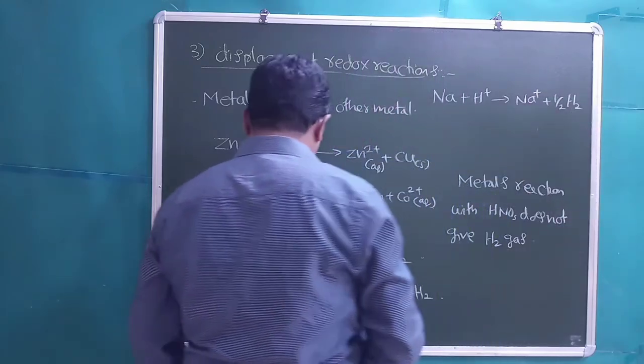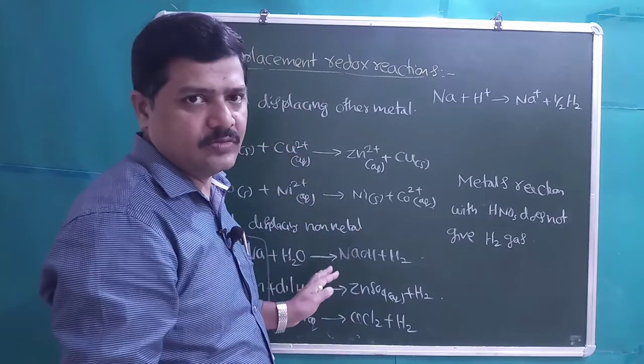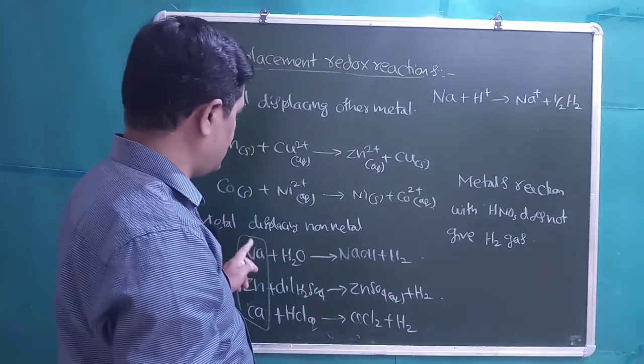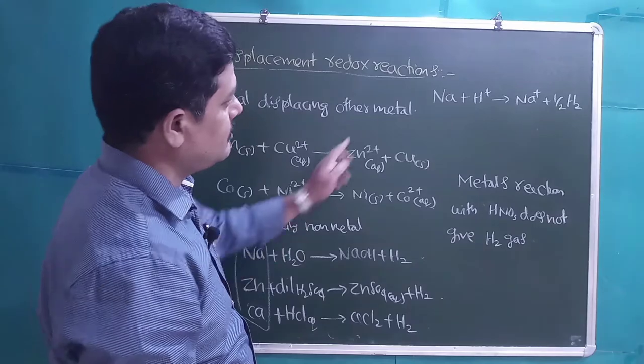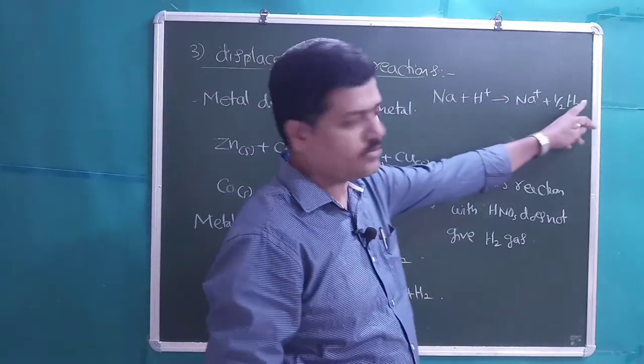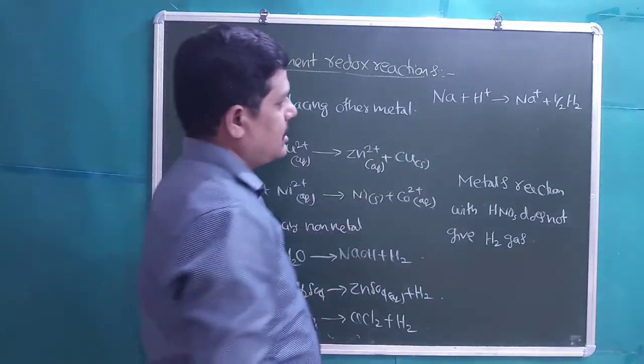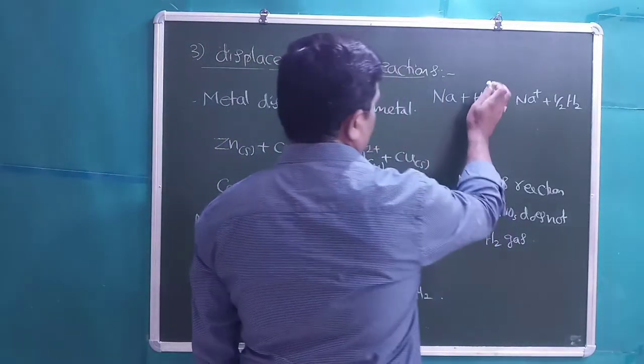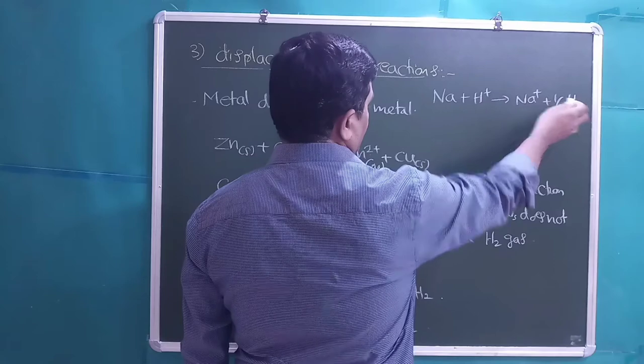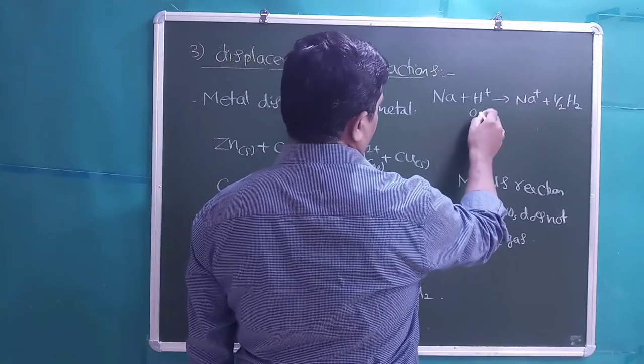So a highly reactive metal, a strong reducing agent, can reduce H+ into H2, and then it is able to give H2 gas. So what is the nature of H+? It itself undergoes reduction, so it is an oxidizing agent.